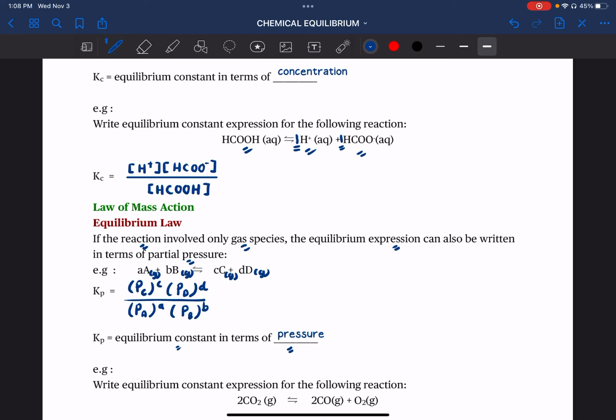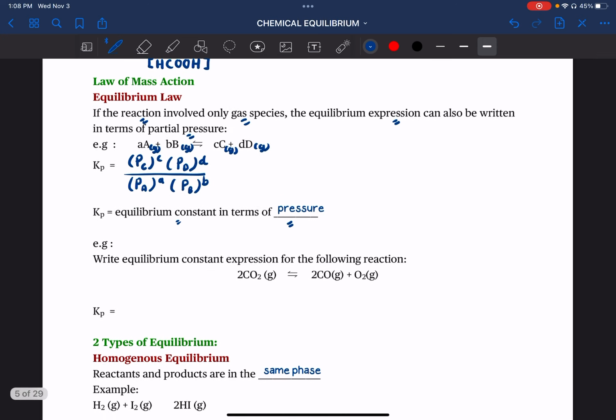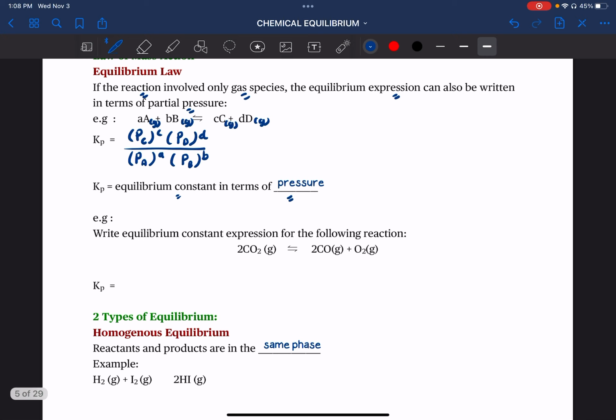Okay, now let's proceed. Okay, example, write equilibrium constant expression in the following reaction. Okay, Kp. So check dulu semua phase gas.